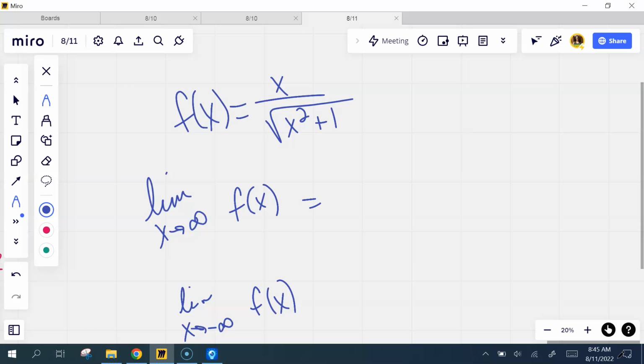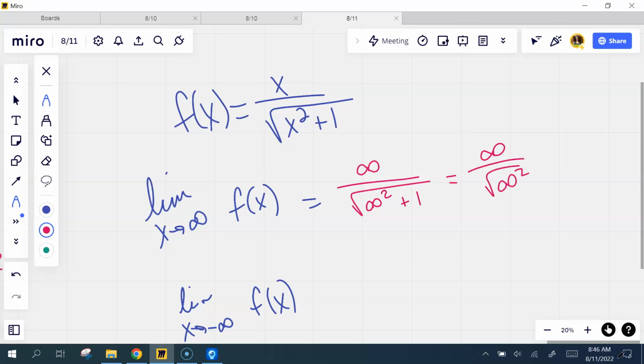So if I did, I would have infinity over the square root of infinity squared plus 1. Well, if you're squaring infinity and then you add 1 to it, you really haven't made much of a difference, right? You agree with that? I mean, you're talking about infinity plus 1. Remember, I have to kind of think about it conceptually. So really, I could say that's trivial. This is really infinity over the square root of infinity squared.